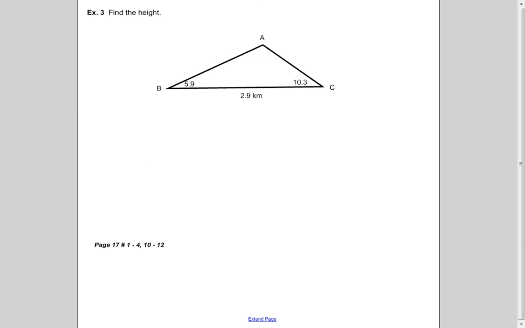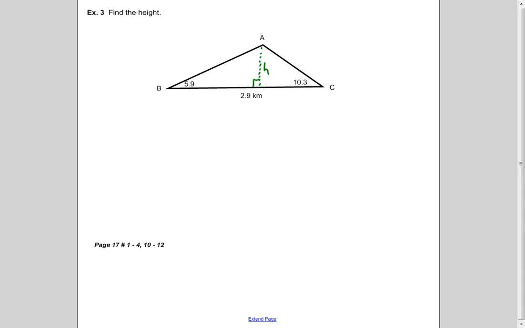For the second one, we're going to find the height. So this time we're kind of going backwards from the very first slide. We have a triangle that is not a right angle triangle, and we'll use a sine law on that in order to find the height. So drawing, what I'm actually looking for is that height, but I don't have any lengths in the right angle triangle on the left or in the right angle triangle on the right.